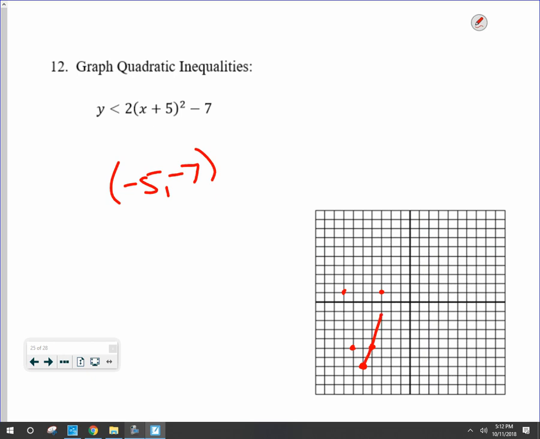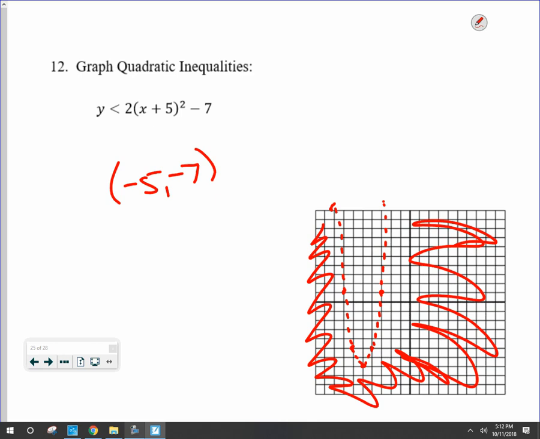It is dashed. Why is it dashed? Because there is only a less than symbol. And then shading: I would decide if I was going to shade outside or inside the parabola. You can test a point like 0, 0. It actually does work in this particular question.